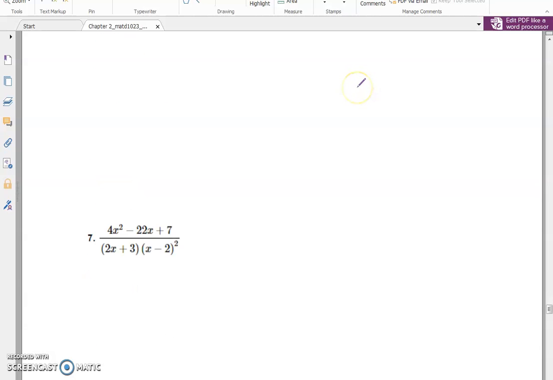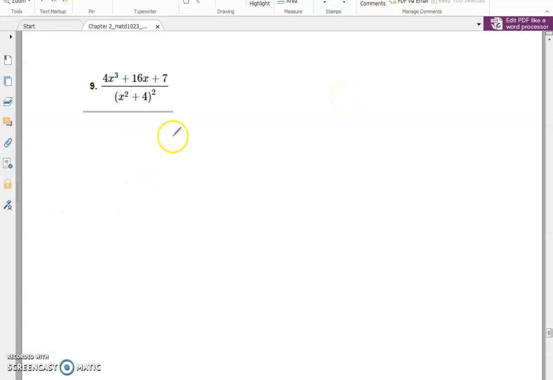So now let us go back to our question number 9. In order for us to decompose it into partial fractions, we are immediately going to get ax plus b, because we are now dealing with a quadratic function.